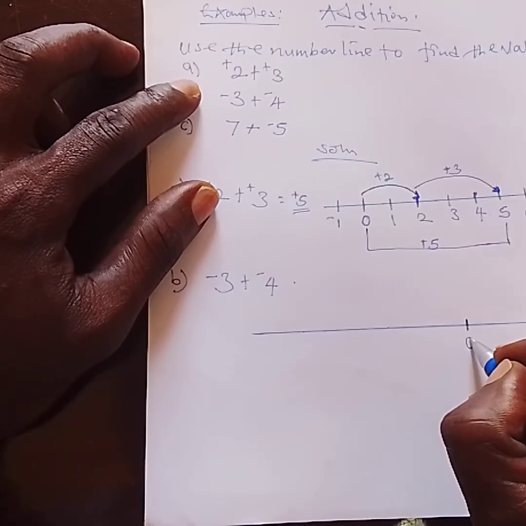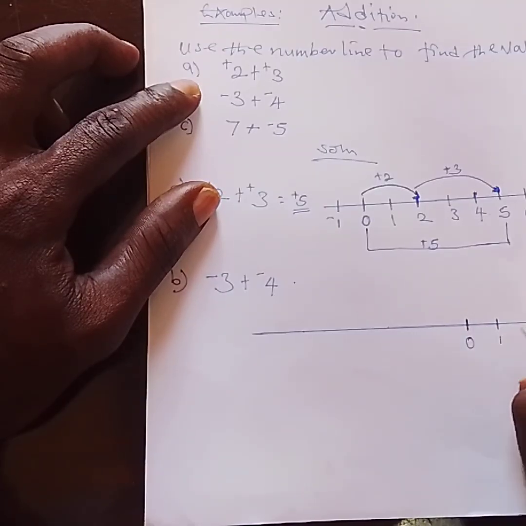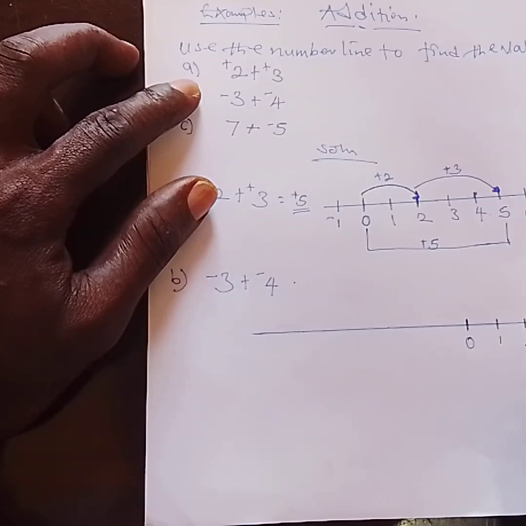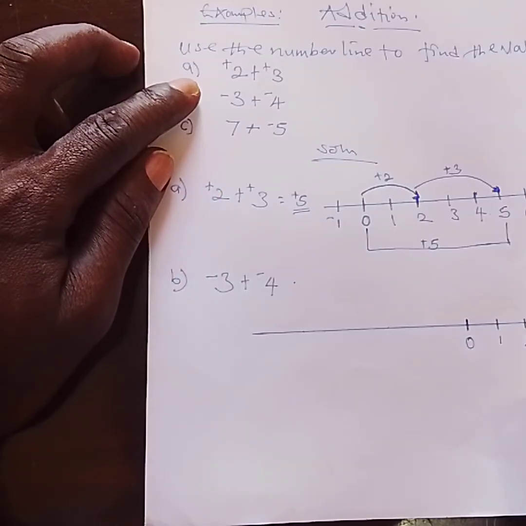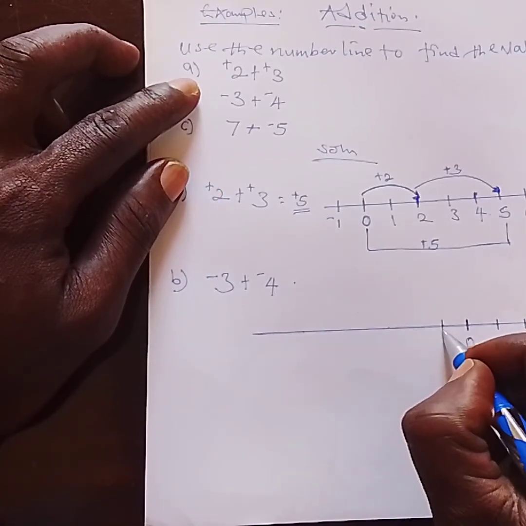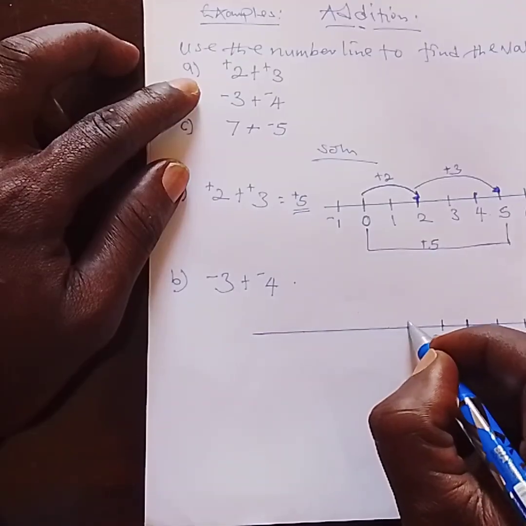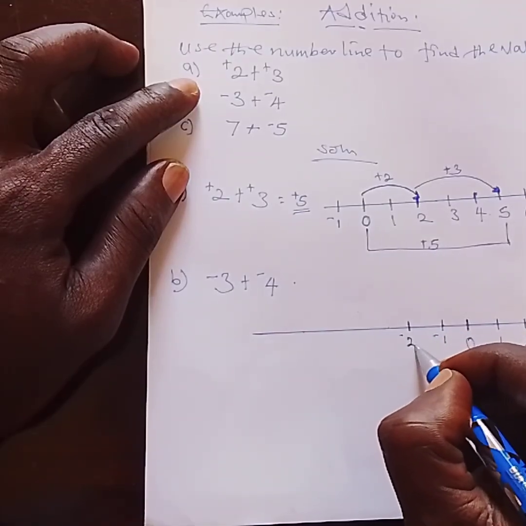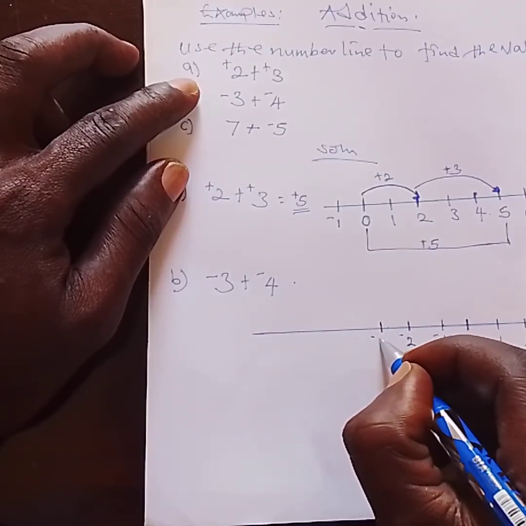Let's put our 0 here. Put here 1, put here 2, put here 3. Then here we have negative 1, negative 2, negative 3.